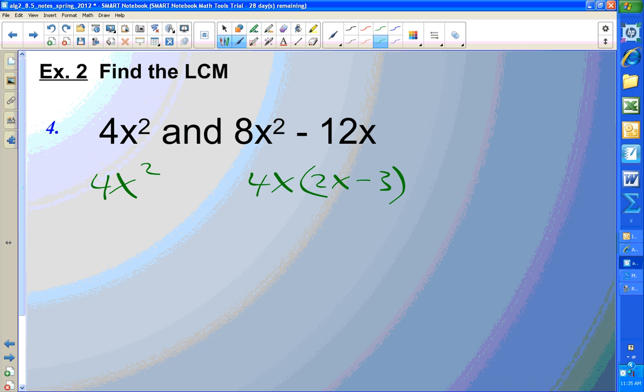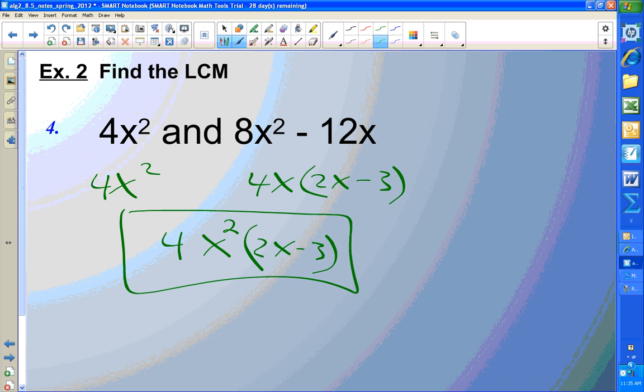There are 4's, there are x's, and there are 2x minus 3's. What's the highest power that I can choose for the 4? 1. How about the x? 2. How about the 2x minus 3? 1. So this is your LCM.